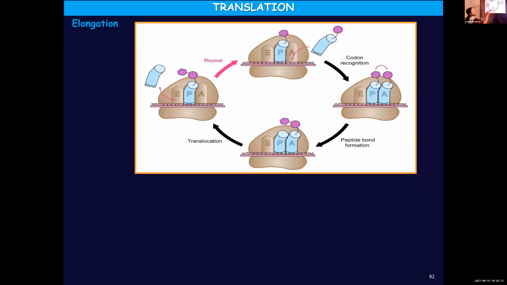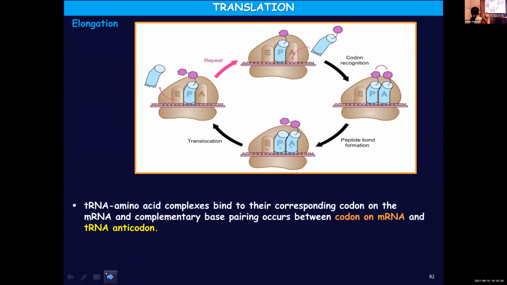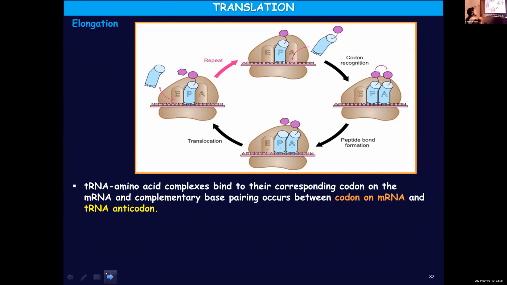Here I told you about the E, P, A sites, and at the P site the initiator codon is present. The transfer RNA amino acid complexes bind to their corresponding codon on the messenger RNA, and complementary base pairing takes place between the codon on messenger RNA and the transfer RNA anticodon.